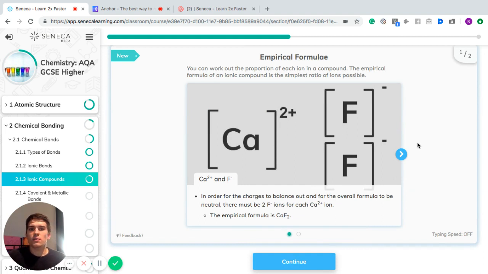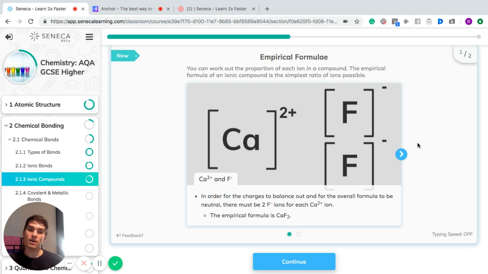Now you can work out the proportion of each ion in a compound using something called the empirical formula. And the empirical formula of an ionic compound is the simplest ratio of ions possible. So for example, if we've got the Ca2+ ion and some F- ions, in order for the charges to balance out, for the overall formula to be neutral, there must be 2 F- ions for every single one of the Ca2+ ions.